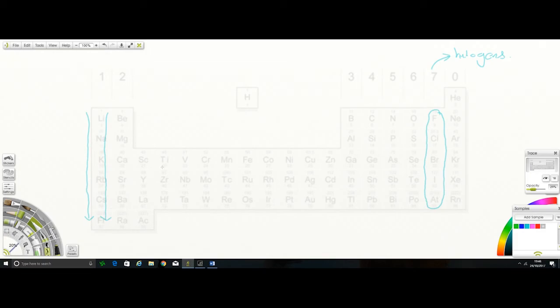Now a crude way of remembering that: if you look at this one, it has the symbol Fr, which is francium, and the way to remember that it gets more reactive as you go down is that the reaction between francium and water is going to be very frightening, right? So it's going to have a severe, extremely vigorous reaction. That's the way to remember that it's going to get more vigorous down at the bottom.